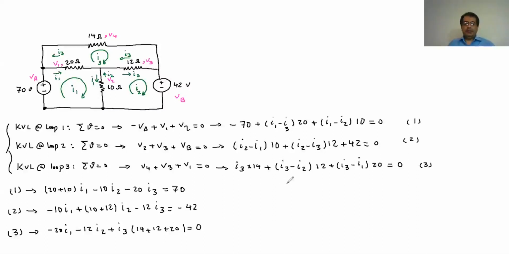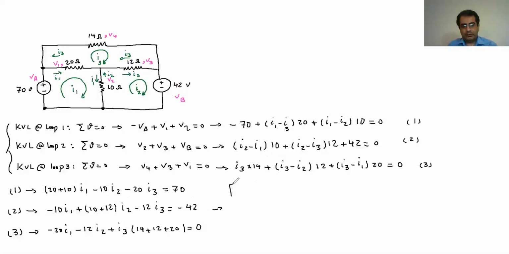So if you look at that, now I simplified, these are the three equations I have. I rewrite them as a function of I1, I2, and I3. So everything is rearranged in the format of I1, I2, and I3. Now I'm going to put them in the matrix format.